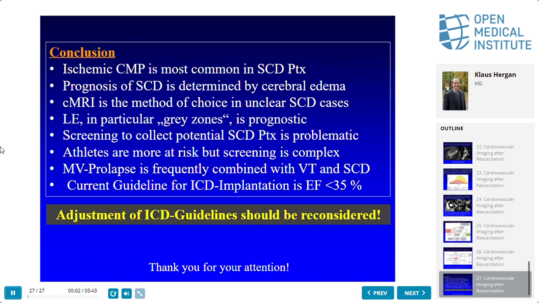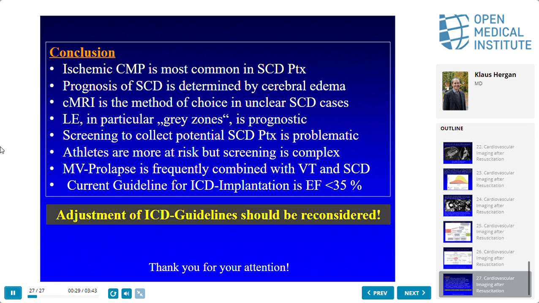The conclusion for this talk is that ischemic cardiomyopathy is the most common cause of sudden cardiac death. So in those areas where you have scar tissue or these gray zones, the prognosis of sudden cardiac death is determined by the cerebral edema. It depends how good the resuscitation is done by normal people or medical people.